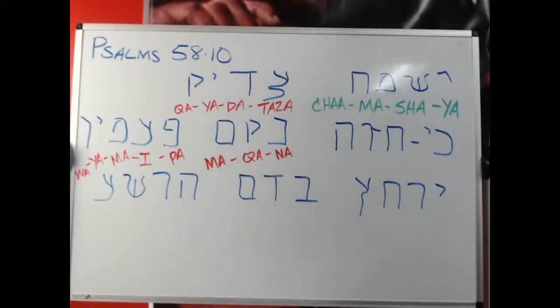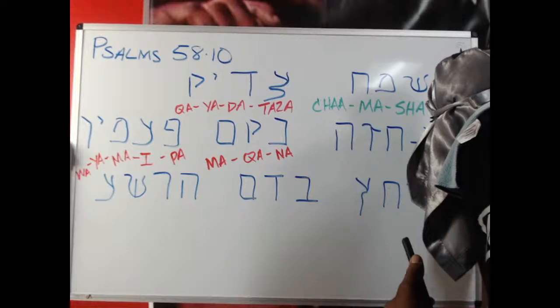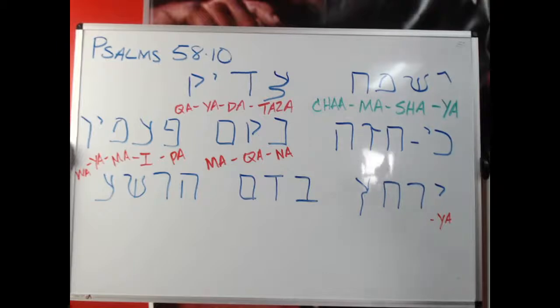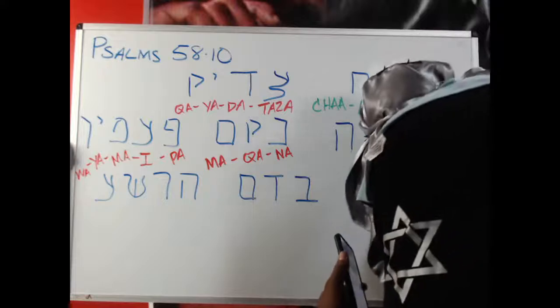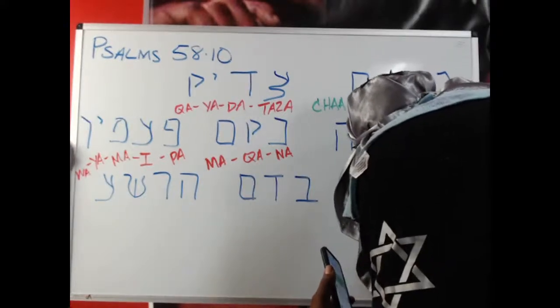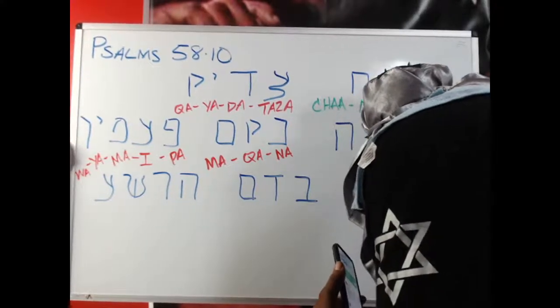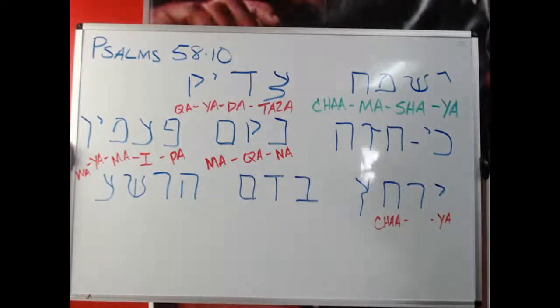So now let's go down to the next line. What do we have? Okay, we have Yah. Very good. Okay, hold on. Okay, I see Ka. All right. What's that one before that, though? We have Yah, then what? All right.